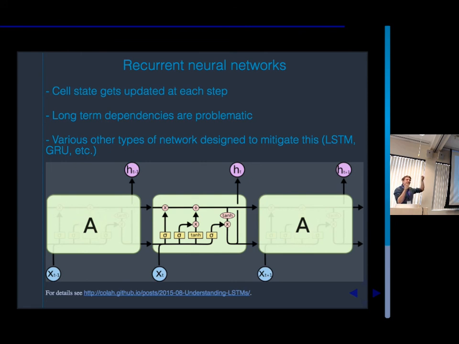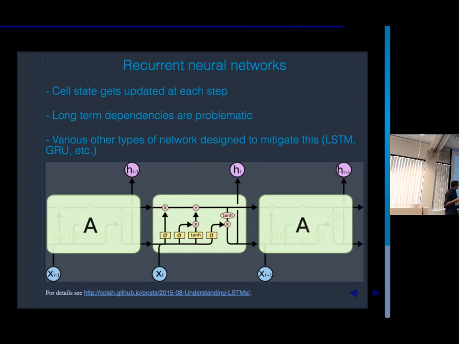If there's any kind of long-term dependence in your information, you're likely going to lose it with this standard recurrent neural network system. So I'm not going to go into the details, but there are variations on this basic recurrent cell that introduce a few more tuning parameters. And basically what this does, these are called gates.